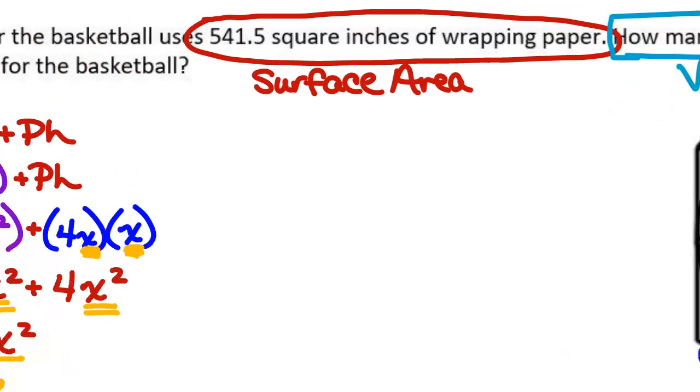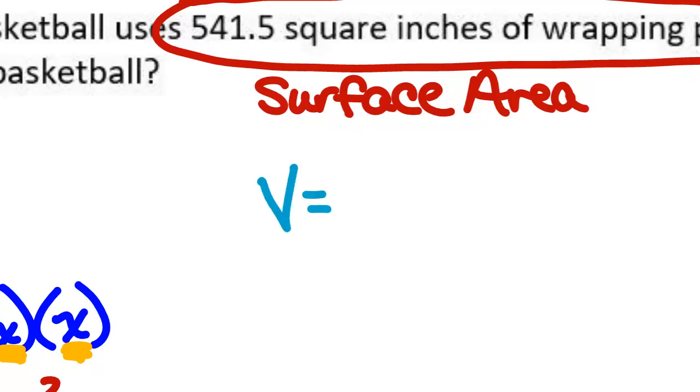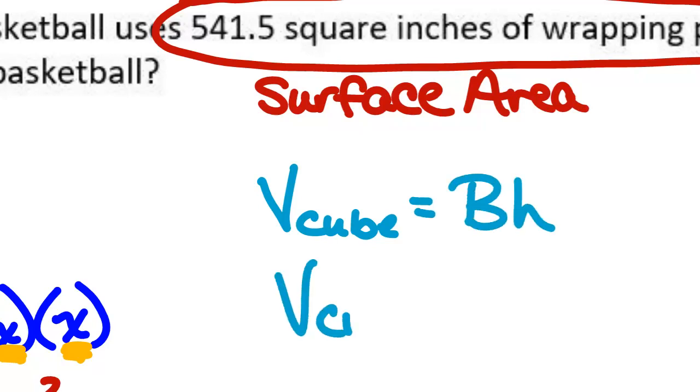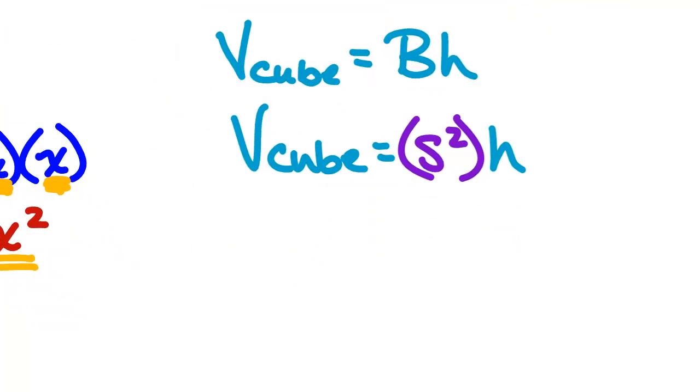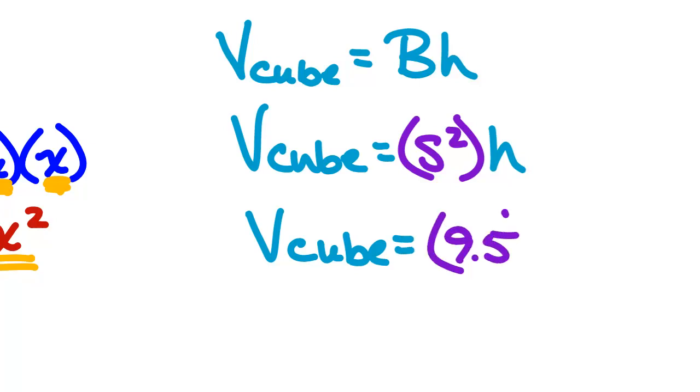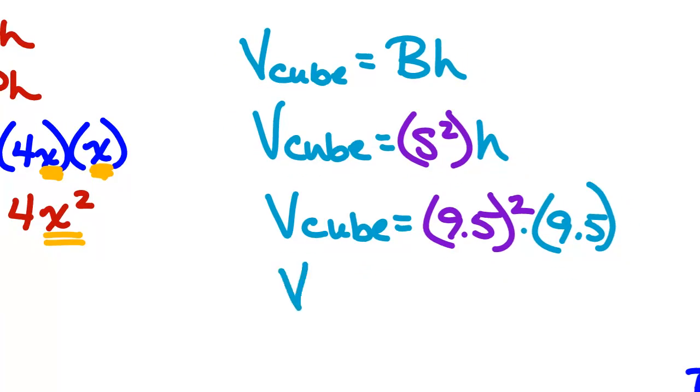They wanted me to find the volume of this cube. So that's going to be the area of the base times the height. My base is a square shape, so this is going to be side squared times the height. The sides of the base and the height are all how big? So I have 9.5 squared times another 9.5, or that would be the same as 9.5 to what power?